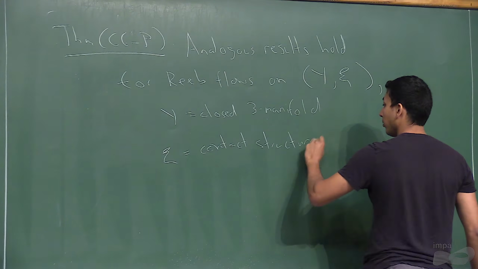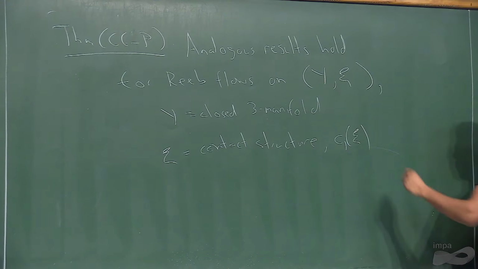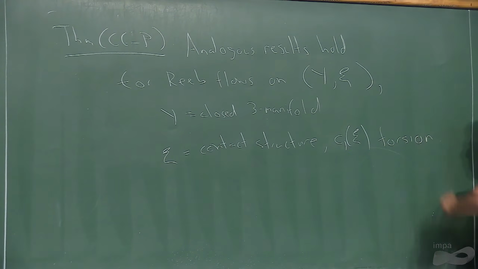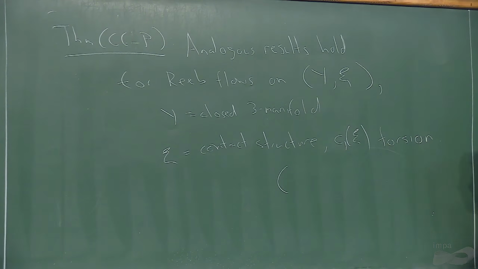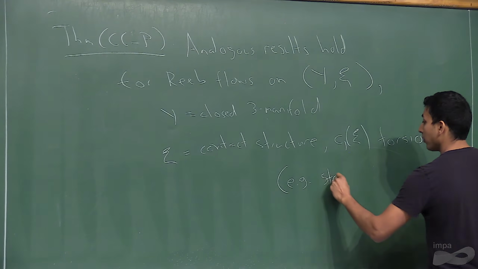Right now we have a technical condition that we require the first Chern class to be torsion. This case contains some classical situations like star-shaped hypersurfaces in R4.